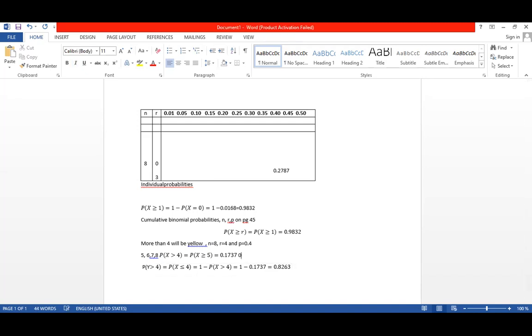I got 0.5941. Now this is where the problem is. I asked for more than 4. Okay, more than 4, but I think that more than 4 will be yellow, not so? Yes. We can pick this.